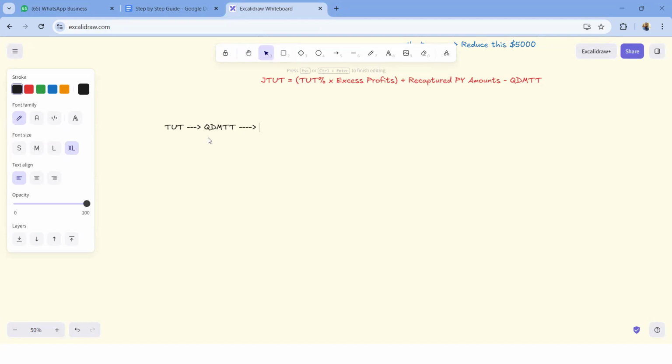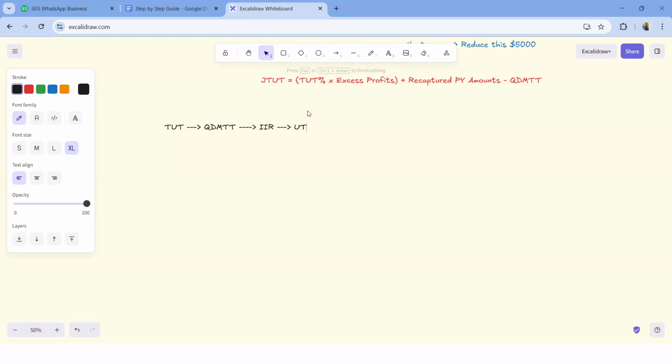Then, if there is anything remaining, it would be IIR, and then if anything is remaining, it would be subjected to what? It would be UTPR. Okay.